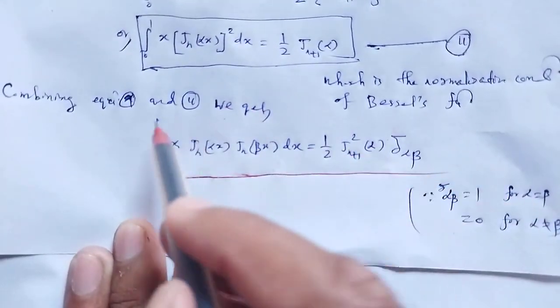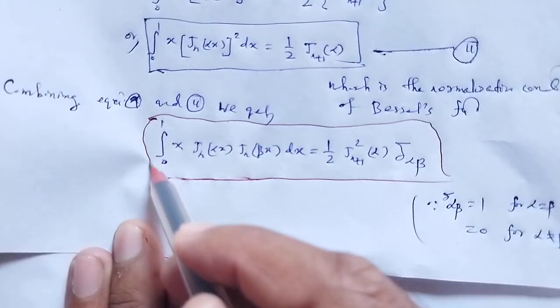This is the orthogonality property of Bessel's function.